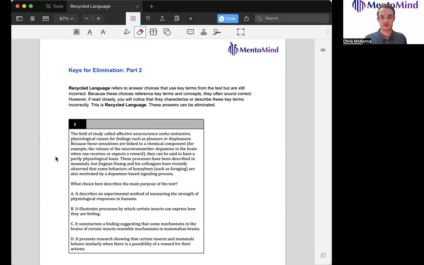The field of study called affective neuroscience seeks instinctive, physiological causes for feelings such as pleasure or displeasure. Because these sensations are linked to a chemical component, for example, the release of the neurotransmitter dopamine in the brain when one receives or expects a reward, they can be said to have a partly physiological basis.